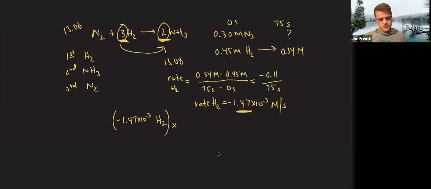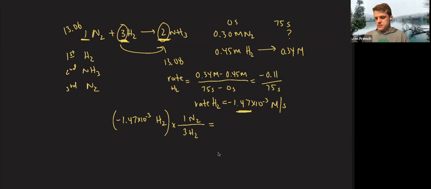So we know in this case, hydrogen, right? The relationship between those two is for every 3 hydrogen, I need 1 nitrogen. So I'm going to divide that by a third, and that's going to give me the rate that nitrogen reacts in the reaction because of that coefficient 1.